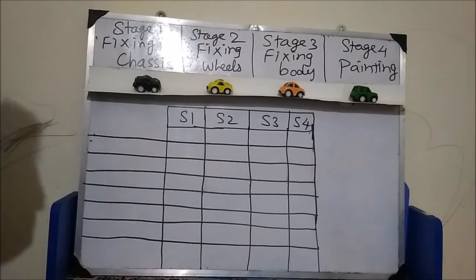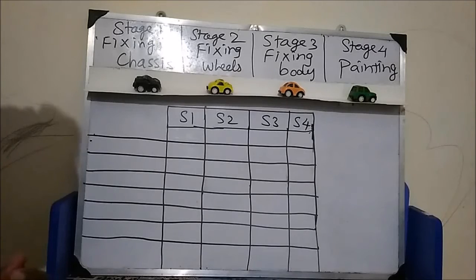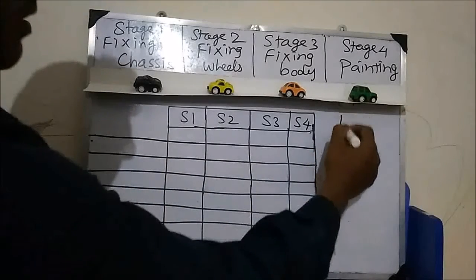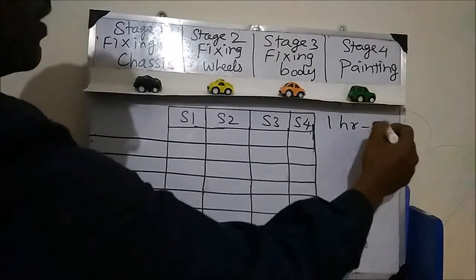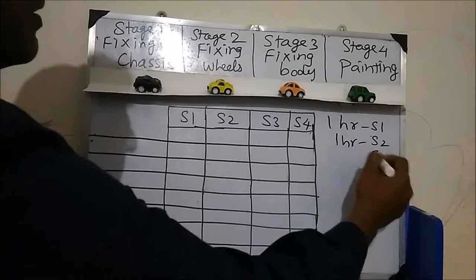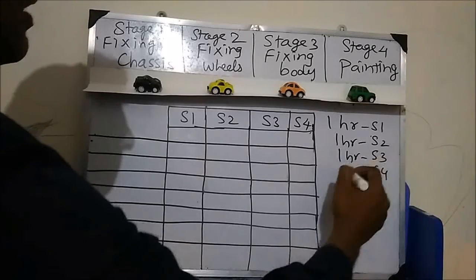Now let's see what happens when you are not following the pipelining architecture. Now imagine that each stage takes 1 hour. For example, stage 1 takes 1 hour, stage 2 takes 1 hour, stage 3 takes 1 hour, and stage 4 takes 1 hour.